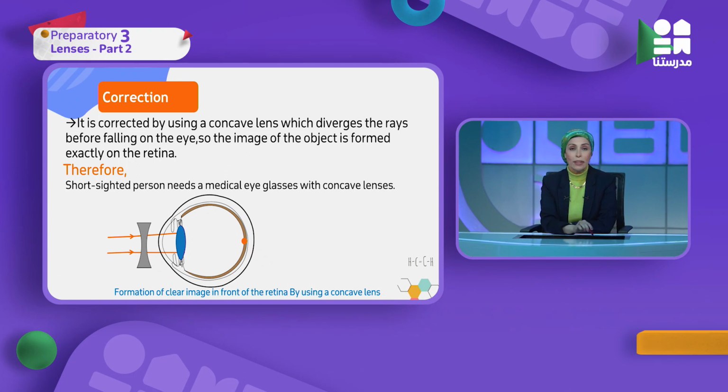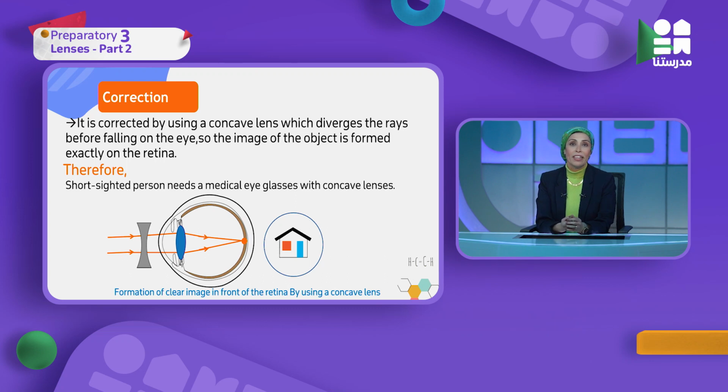Then what happens to it? It will refract, but how? Diverging, they spread away. Then it falls on my natural lens, which has the defect. Then let's see the image here. It will form on the retina. So look at the house, I can see the house very well.